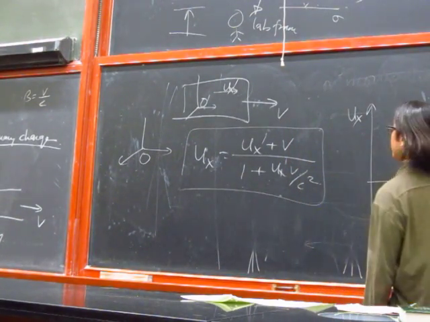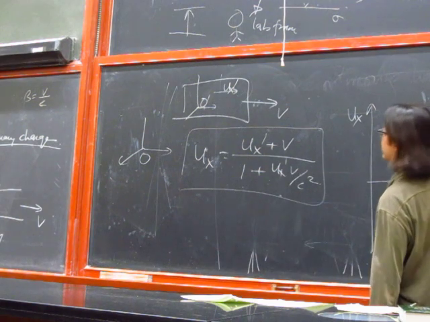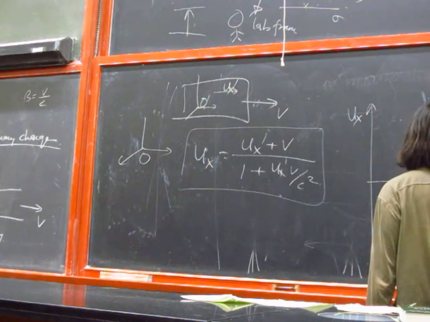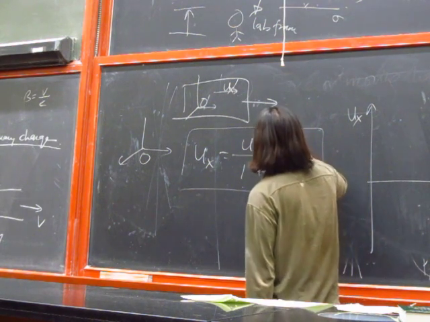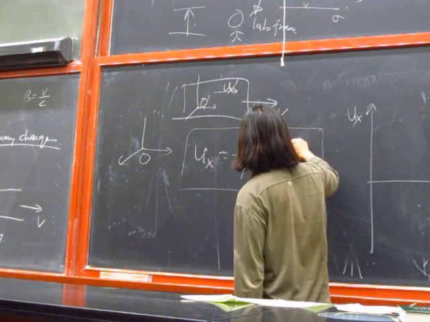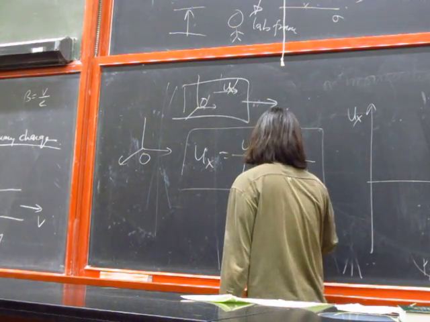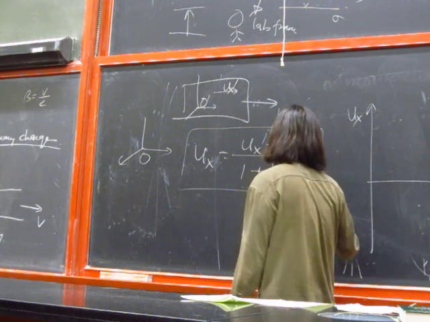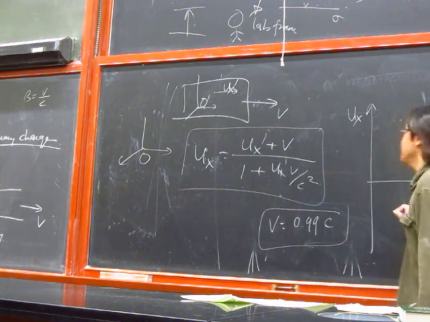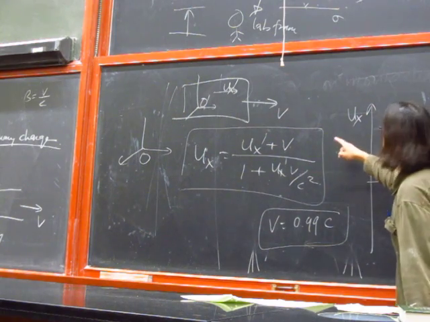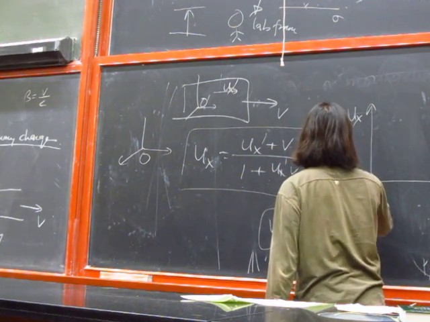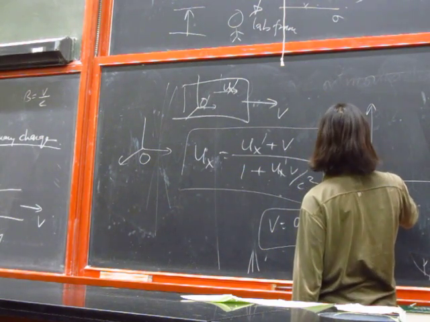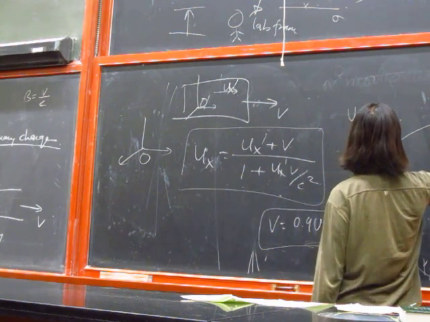If you plot this as a function of ux prime, suppose v is 0.9c. Then what happens here is that this was 0.9 and 0.9, so you have something that looks like this.